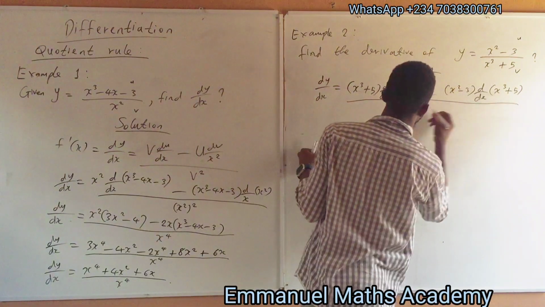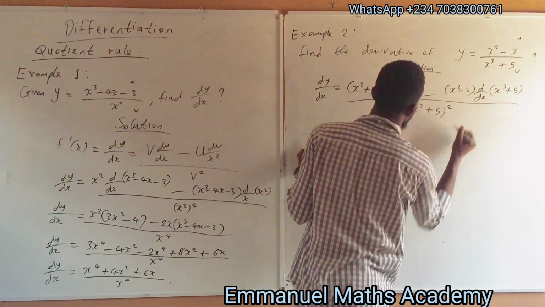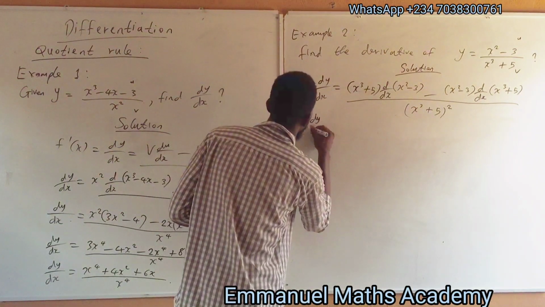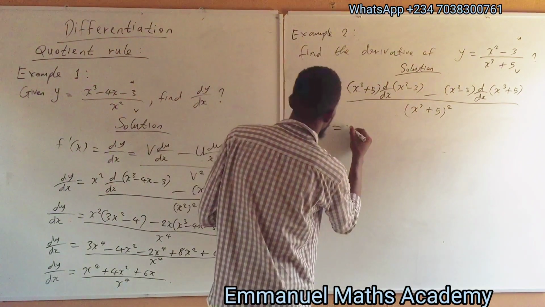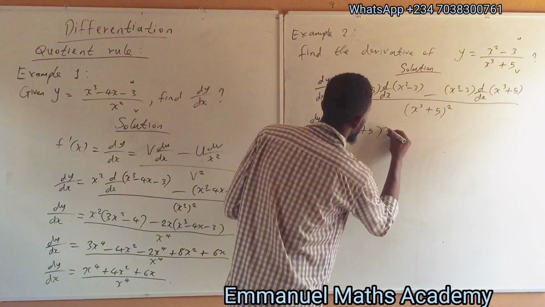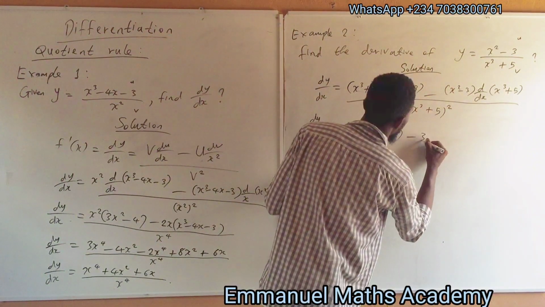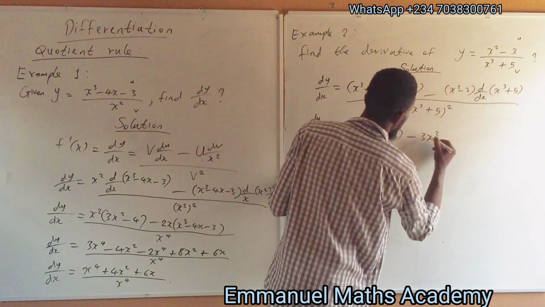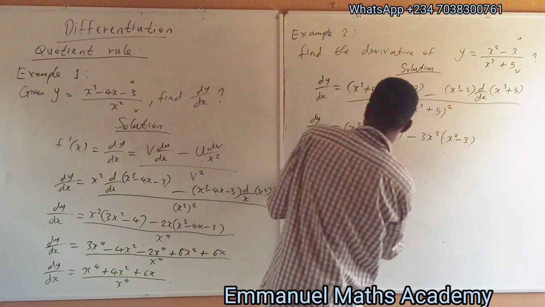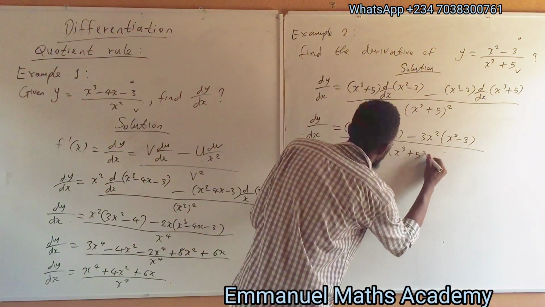All over x raised to the power 3 plus 5, all to the power 2. Is that correct? Now you have that your dy dx is equal to x to the power 3 plus 5. If you differentiate this, you have 2x, right? Minus. If you differentiate this, you have 3x to the power 2. This one will give you 0. Is that correct? Then still have this here, minus 3, all over x raised to the power 3 plus 5 raised to the power 2.